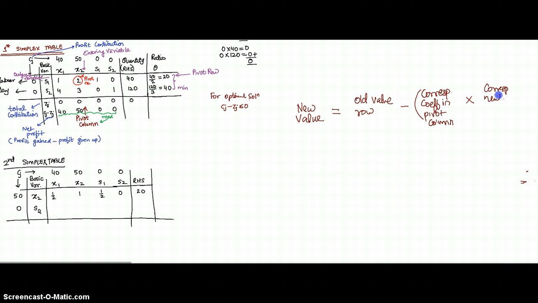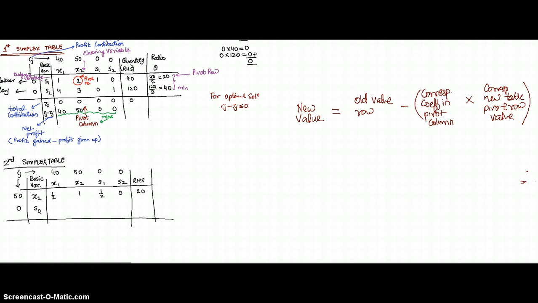Corresponding new table means this new table pivot row value. New table pivot row value.